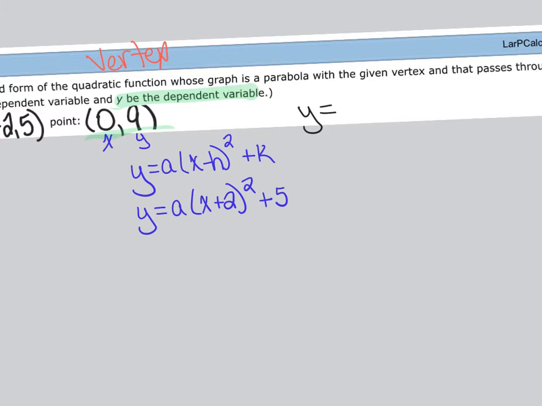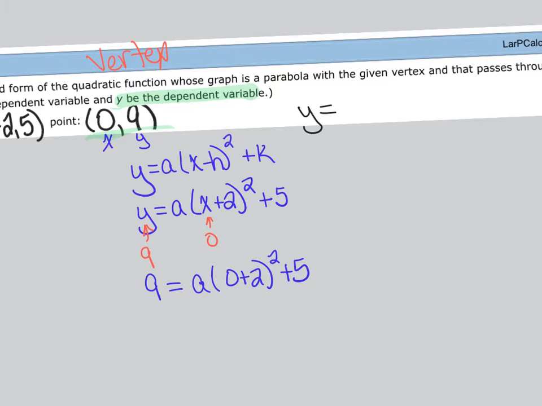So the way I figure out what A is, I plug in 0 for X, and what do I plug in for Y? 9. So we have 9 equals A times 0 plus 2 squared plus 5.